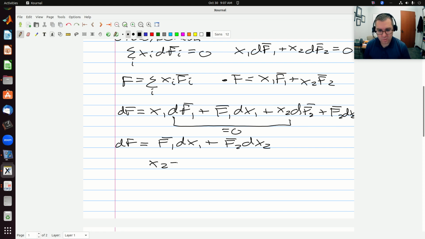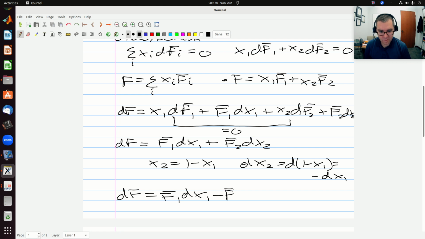Next, remember x2 is just equal to 1 minus x1. Therefore dx2 is equal to the differential of 1 minus x1, which is equal to the negative of dx1. So dx2 is equivalent to negative dx1. So df is equal to f-bar 1 dx1 minus f-bar 2 dx1, and factoring out dx1, that's dx1 times f-bar 1 minus f-bar 2.